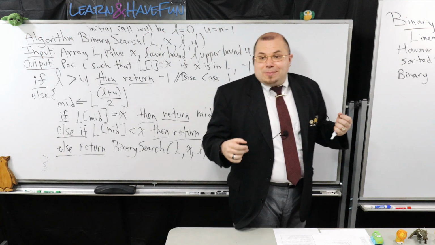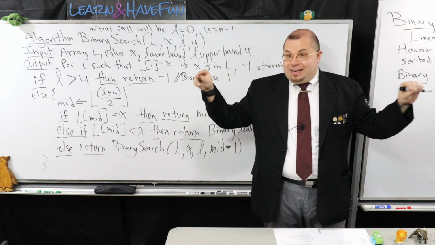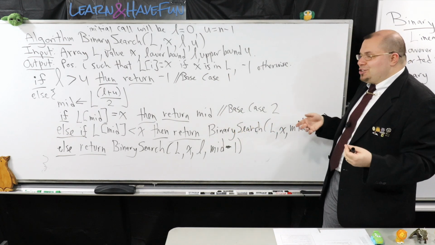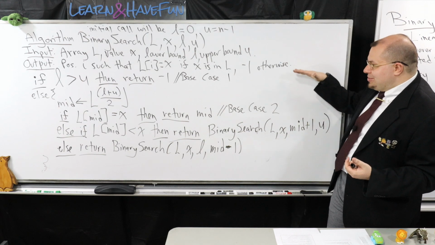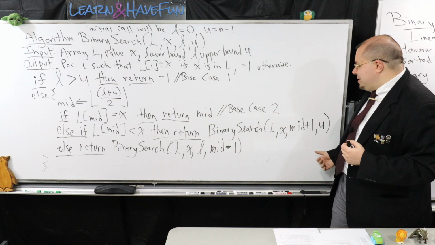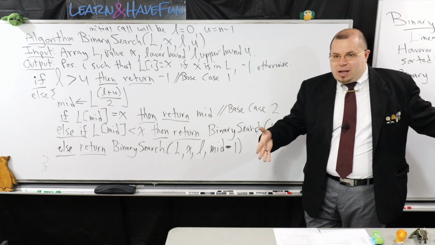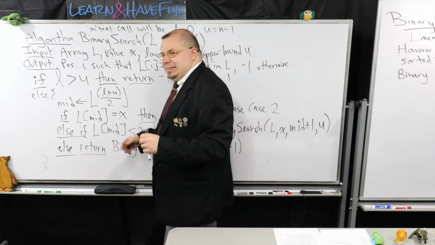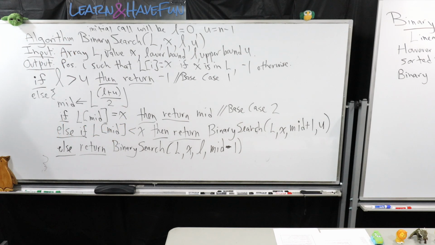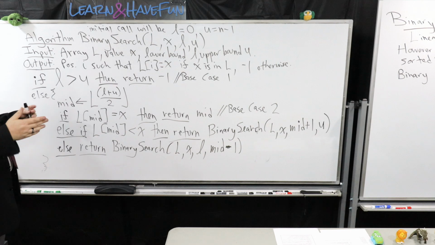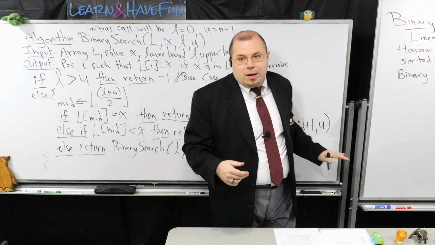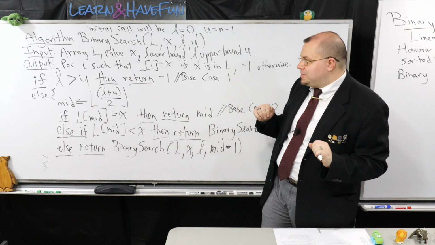Now keep in mind, binary search itself is an elegant algorithm, and its iterative counterpart is very natural to describe too. But most certainly this is very compact, right? Notice that all it's doing is carrying out the same idea I talked about here. All I'm doing is passing along my array, and the only things that get modified are the lower and upper bounds, just like its iterative counterpart.